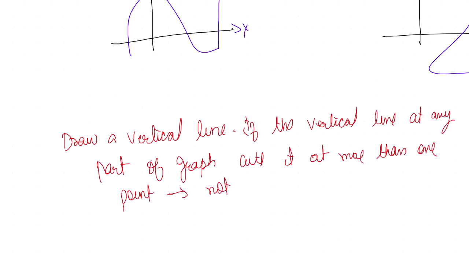It should only cut the graph at one point, only and only at one point. If it is cutting at more than one point, then it is not a function.